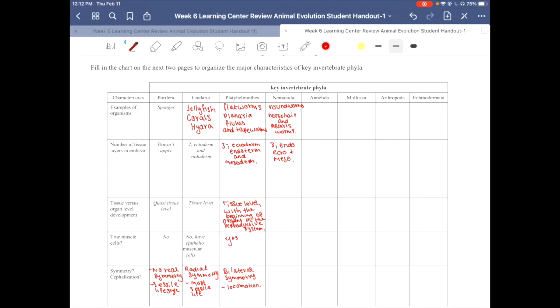Here, instead of tissue level development, we're going to see organ level development. And we are going to see true muscle cells here, and they're going to be longitudinally arranged muscles only.